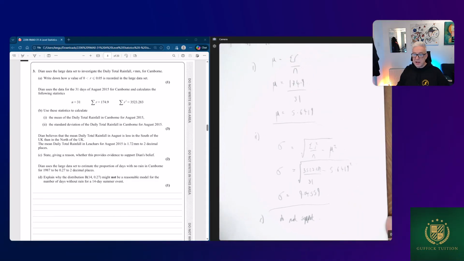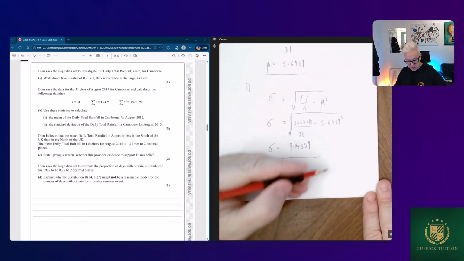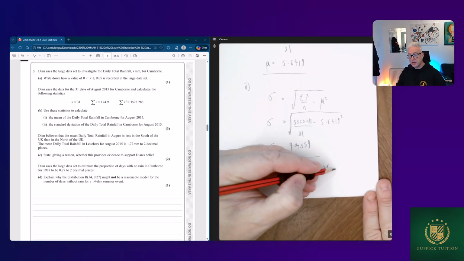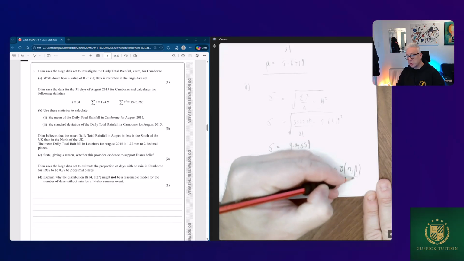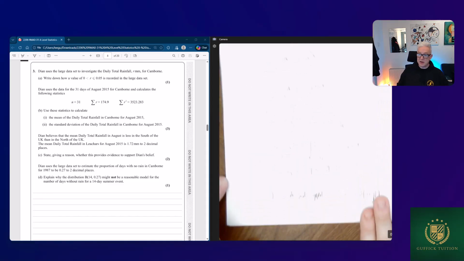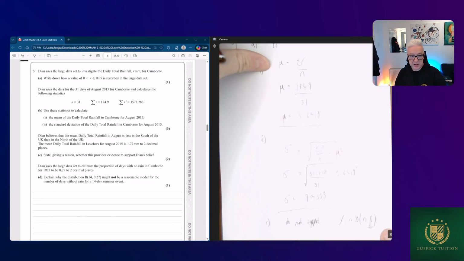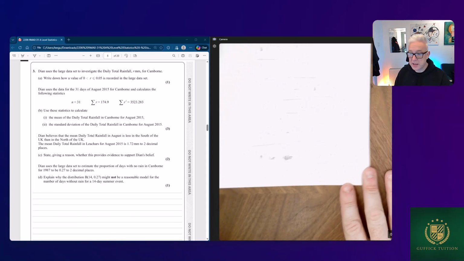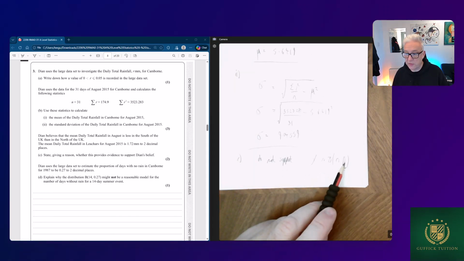Well, principally, in the binomial distribution, there's a very important piece of information, and that is, remember those various conditions that we need to have for the binomial. And one of the conditions is that the probability of the event should be constant. Now, if we've got a situation whereby the value of p is going to be changing, which it almost certainly is in this situation, we are not going to have a constant value for the probability.